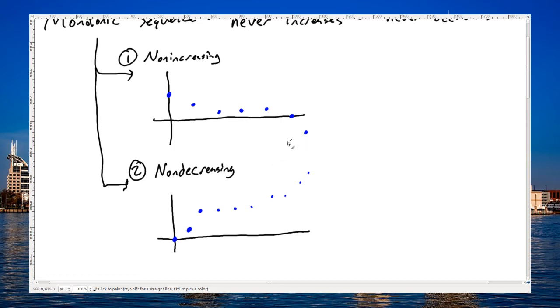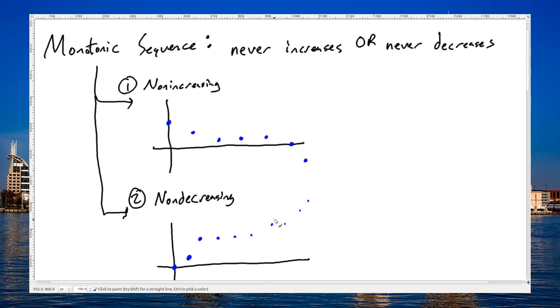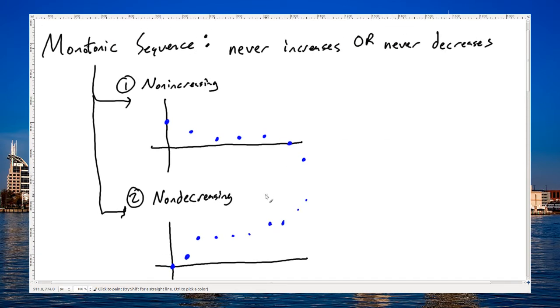So there's non-increasing, and again, as long as it's always doing the same thing, basically. That's what I think of when I think of monotonic, is that the sequence keeps doing the same thing. It keeps going down or horizontal, or it keeps going up. Or again, it might be more appropriate to say it never goes up or it never goes down, depending on how you want to look at it.